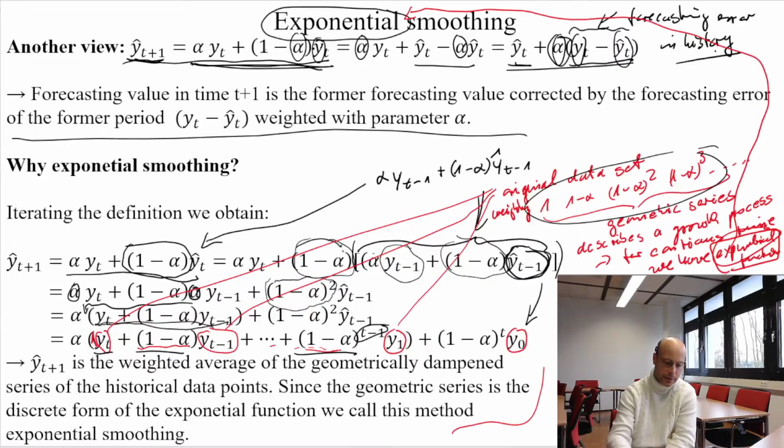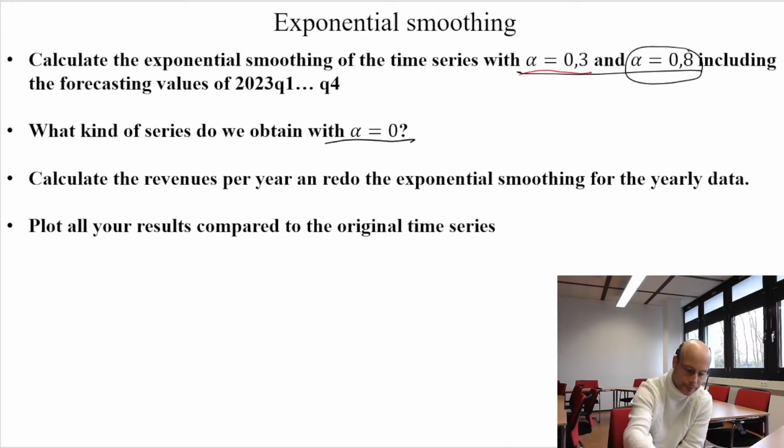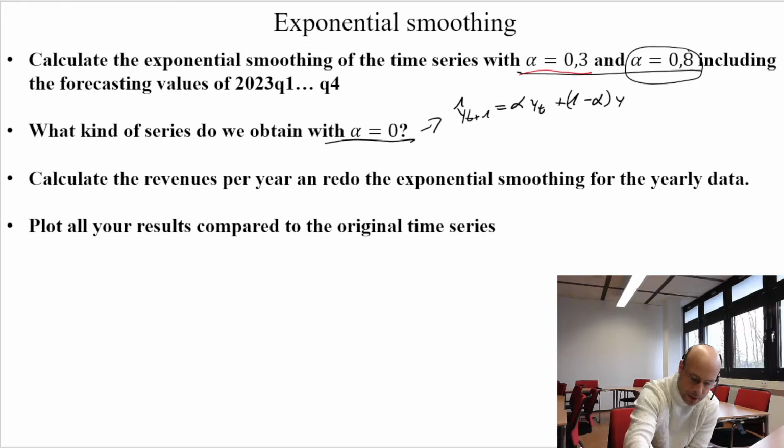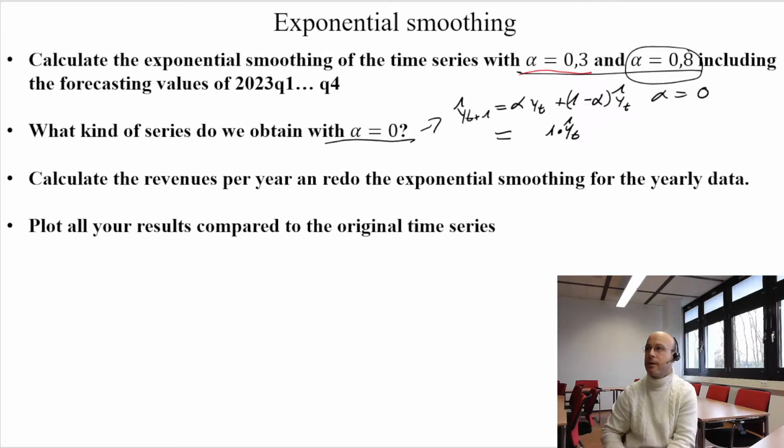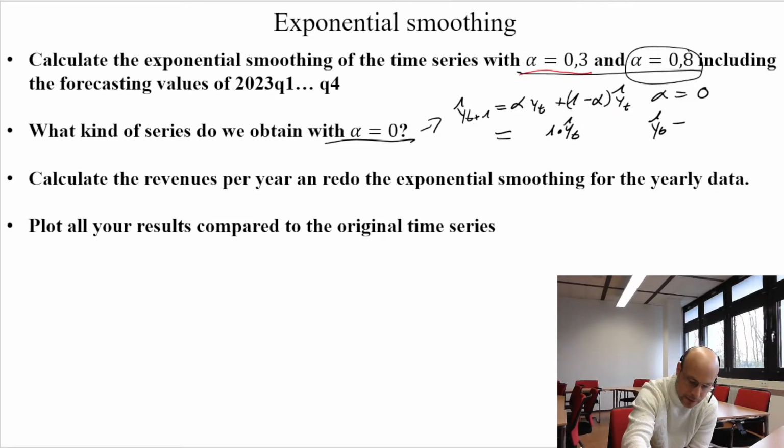Well, taking alpha equals 0, then we have y hat t plus 1 equals alpha yt plus 1 minus alpha y hat t, and now alpha equals 0. Then we obtain 1 times y hat t. And we know y hat 0 equals y 0.